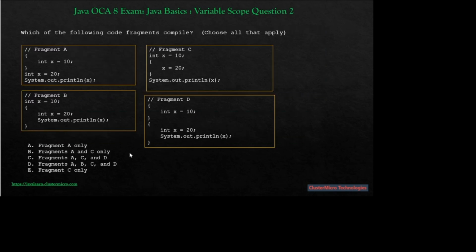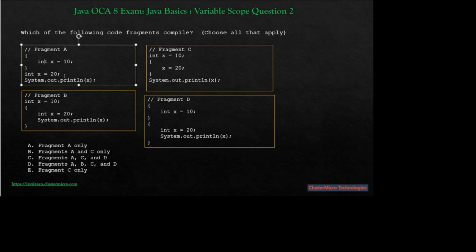Then the second question: let us go through all the code fragments which will compile. We have 4 code fragments A, B, C, D. Let's see this one. Here int x is declared, but it goes out of scope once after this closing curly brace, so you can redeclare it. It will work, no compilation error.